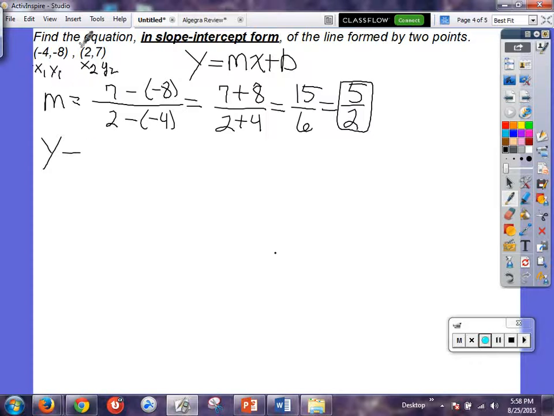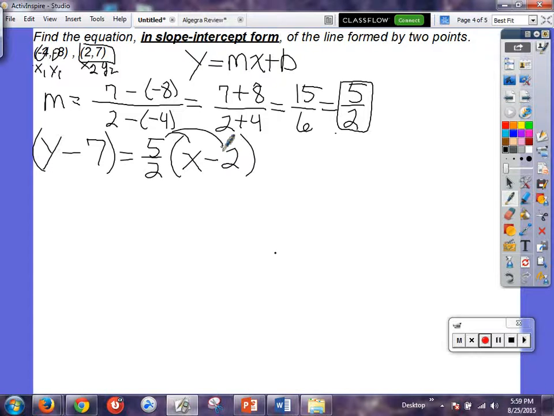y1, we're going to choose this because I don't want to deal with these negatives. Okay, let's distribute. Remember, 2 is the same thing as 2 over 1.